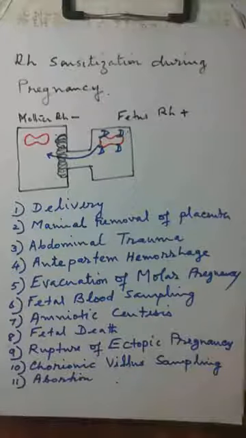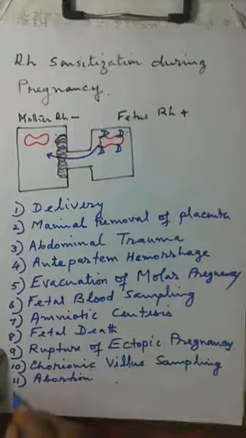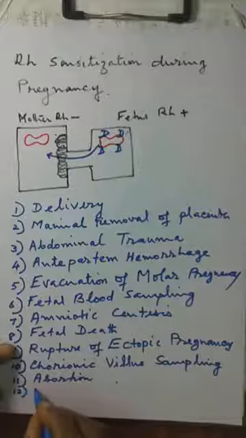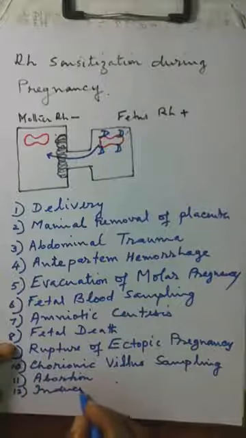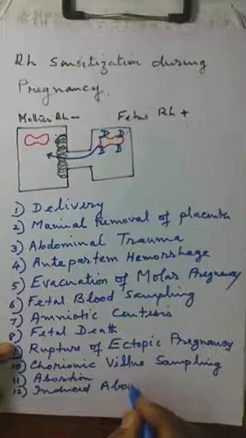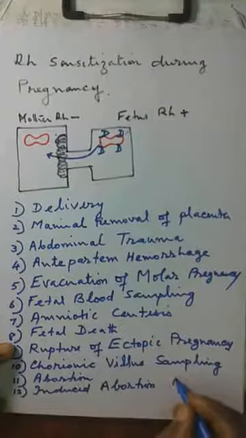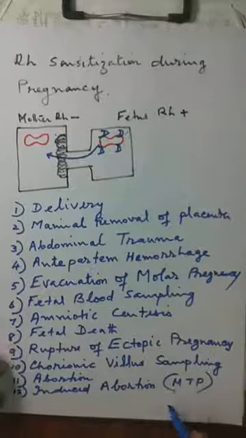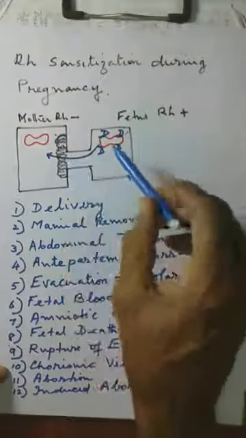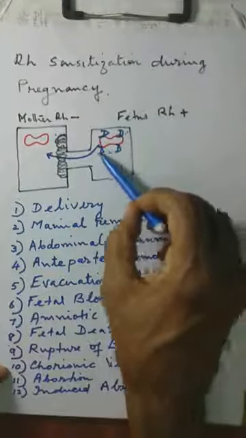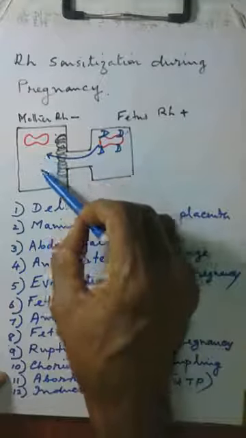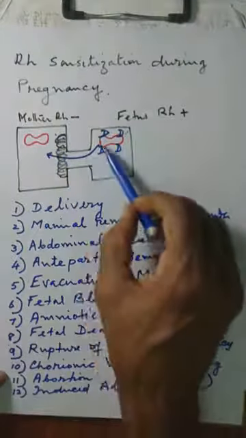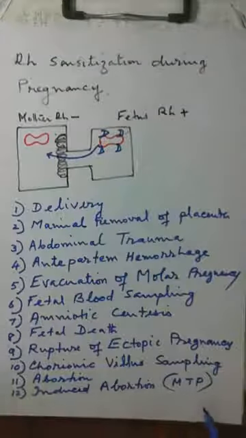A spontaneous, natural abortion due to unknown reasons. And it can be an induced abortion also, an MTP. At that time also there is a chance for some of the red blood cells to come into the mother's blood. Mixing can happen at the MTP time also.